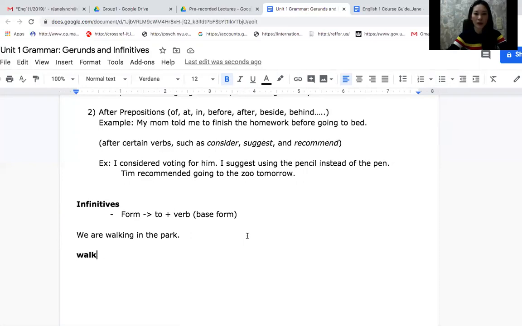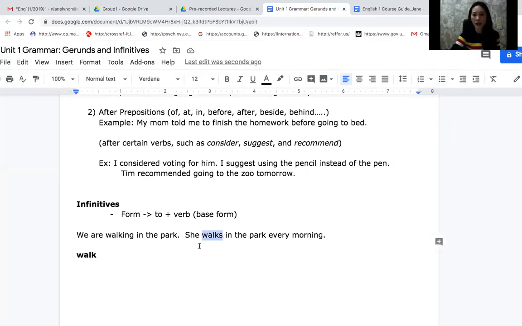More example. Even when you use it as the present tense, she walks in the park every morning. What is the main verb of this sentence? The main verb of this sentence is walks.